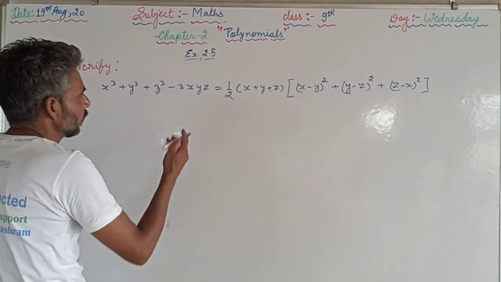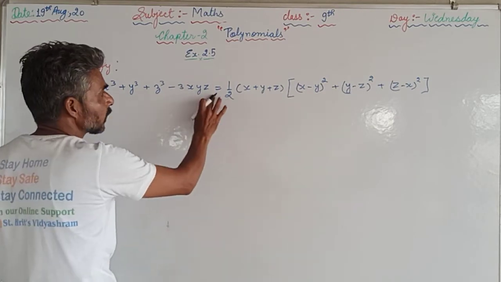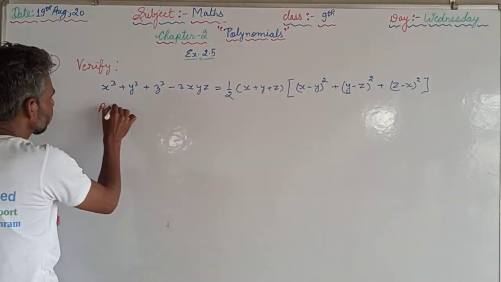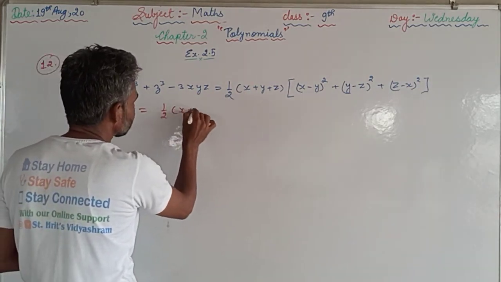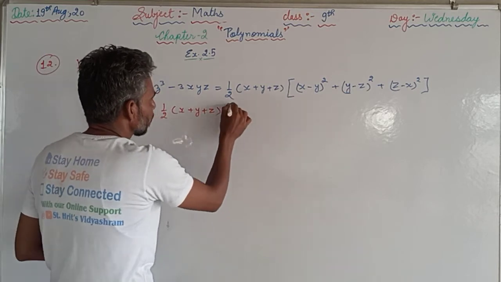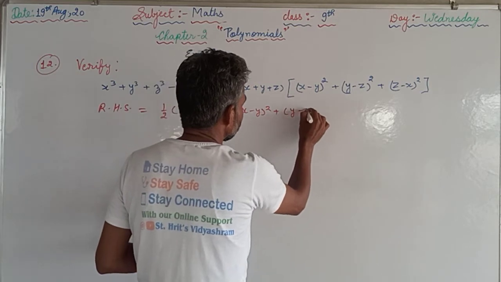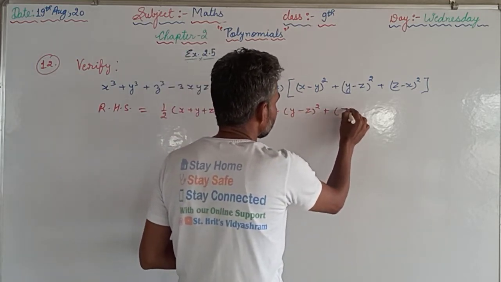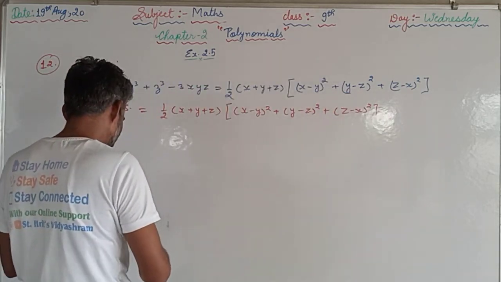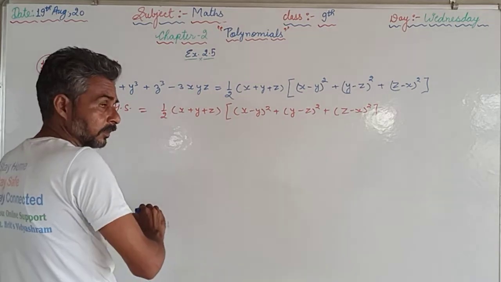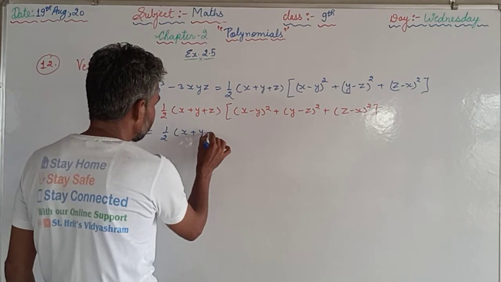So we will take the right hand side, the side on the right of the equality sign, which is half into x plus y plus z into (x minus y) whole square plus (y minus z) whole square plus (z minus x) whole square. So we will try to solve this now. Here it is 1 by 2, here x plus y plus z.